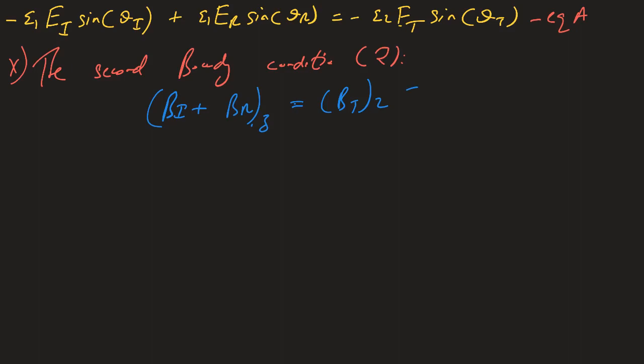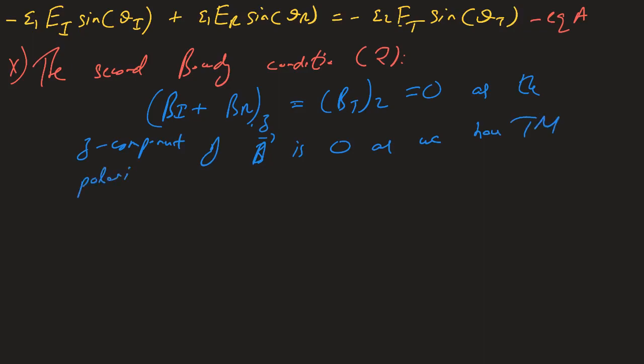But you see, all of these are equal to 0 as the z component of B is 0 as we have TM polarized electromagnetic waves. If instead we were doing TE polarized, then of course this would have been non-zero, right? As we are doing TM. Sorry, I think I just repeated that.